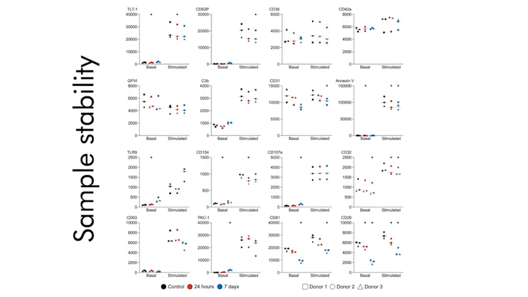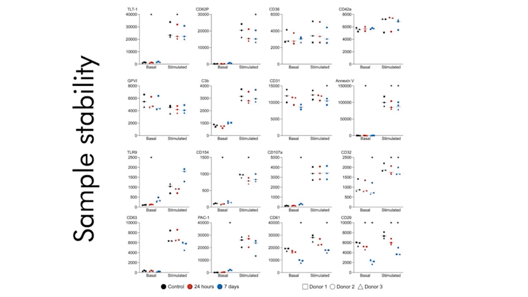Next, we tested the stability of basal and stimulated samples from 3 different blood donors after staining and fixation. So the graphs show the median marker intensities for samples acquired on the same day, the black icons, and after refrigeration in the dark for 24 hours, the red icons, and for 7 days, the blue icons.